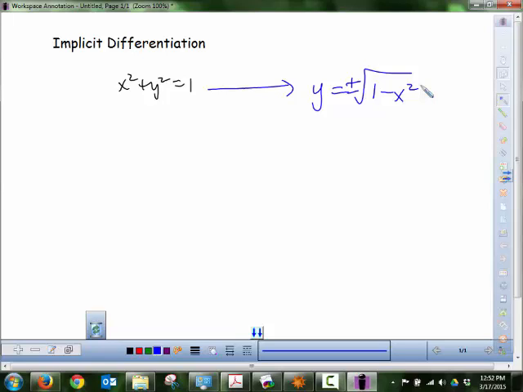And so what we can assume is that somewhere along the line we can think of y as a function of x for portions of this graph, and maybe not the whole thing.